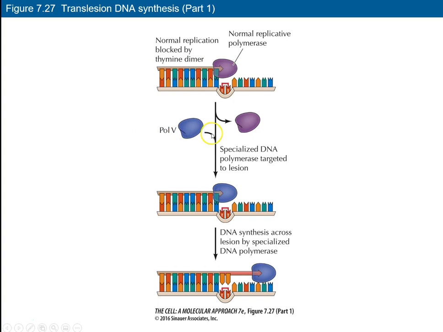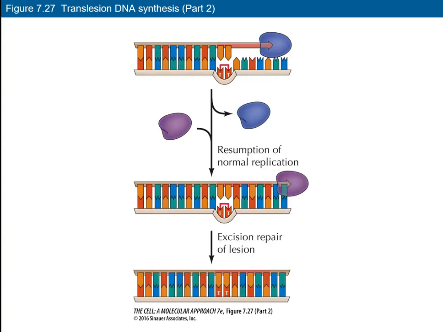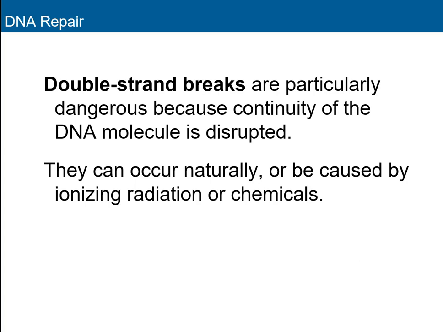And so this special polymerase needs to come in to synthesize the DNA across that thymine dimer. And then once it gets past it, the other polymerase will come back in to finish the process, and then right after, it can be fixed. Okay, so that's translesion DNA synthesis.